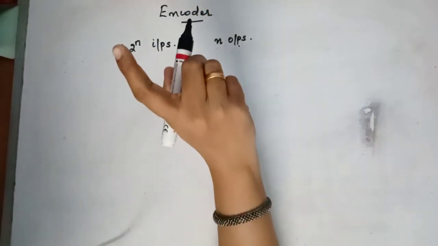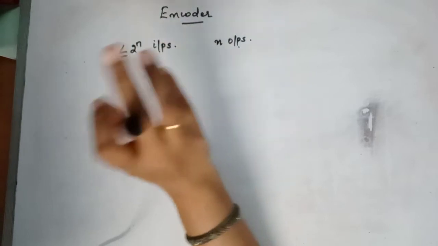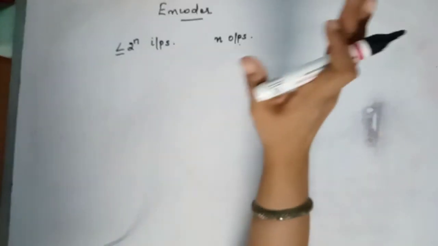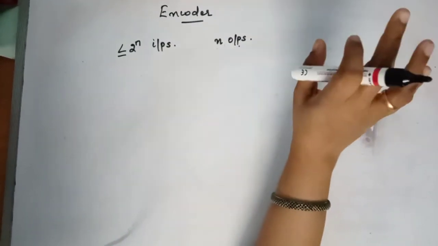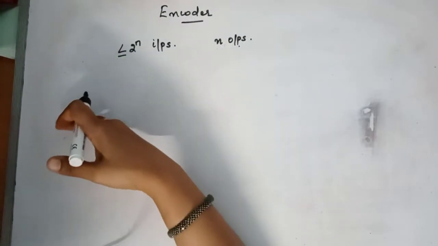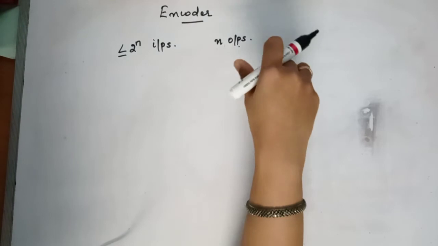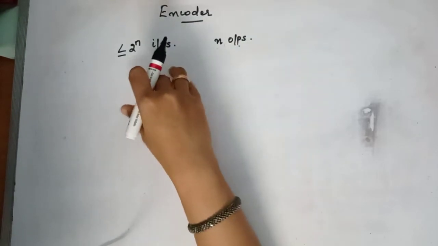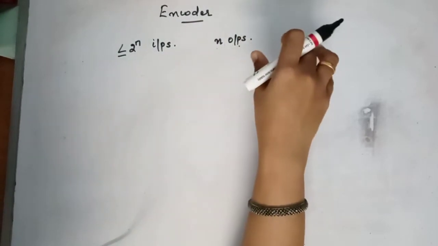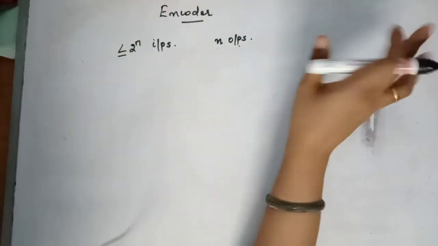In the case of multiplexer or demultiplexer, the ratio was n is to 2 raised to n, between the select lines and the input in the case of multiplexer, and between the select lines and the output in the case of demultiplexer.